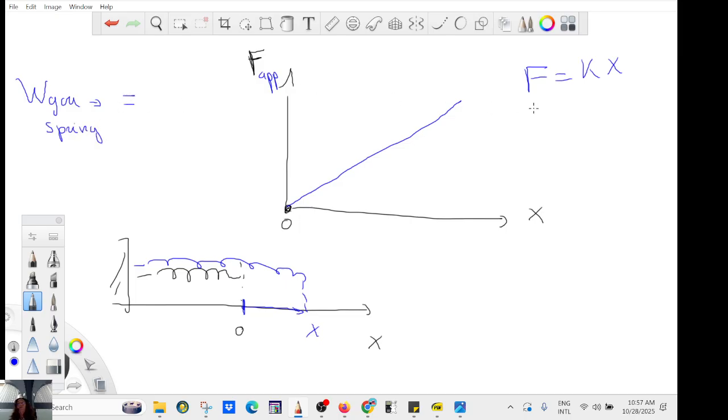You see that the applied force is a function of x, right? So the applied force equals kx. So how can I find the work done? So I need to apply the definition, right? From 0 to x.